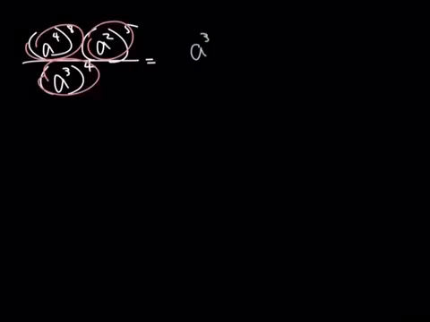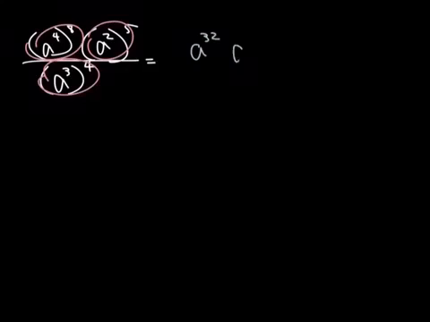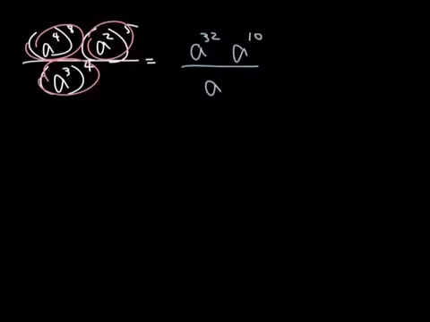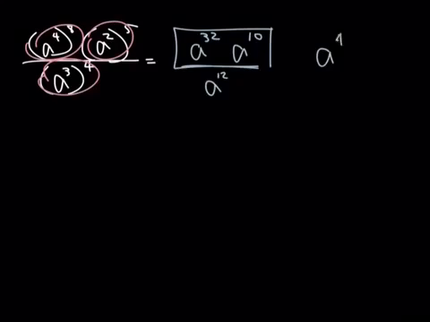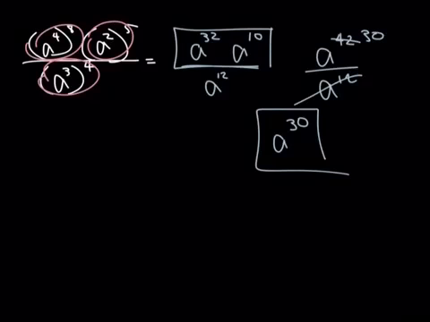And a to the 4th to the 8th is a to the 32nd, 8 times 4. A to the 2 times 5 over a to the 12th. I can combine these by adding the exponents, and a to the 12th. Take 12 of those away, 12 of those away, and I'm left with 30. And that's what I get for 76.